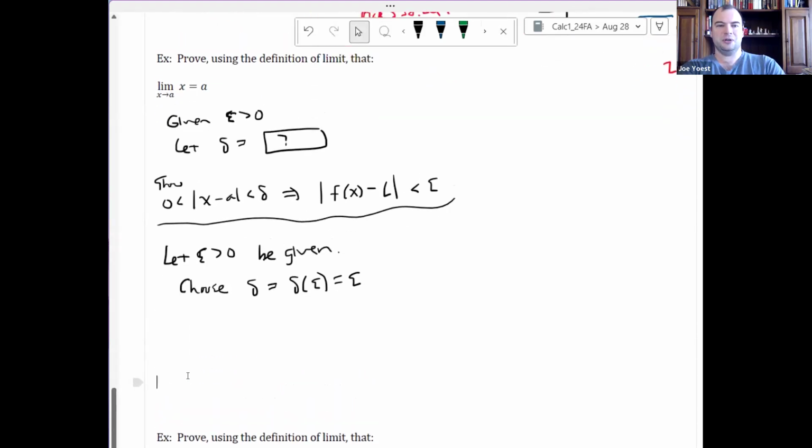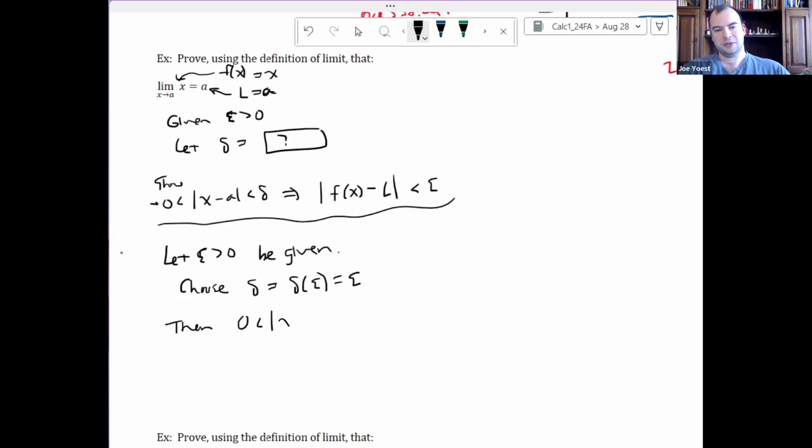So we're just going to work through a basic proof right now. And then I want to show this. Keep in mind, f of x equals x and L equals a. So since I chose delta equal epsilon, then 0 less than absolute x minus a less than delta implies, what does that imply? I wanted to imply something about absolute value of f of x minus L.